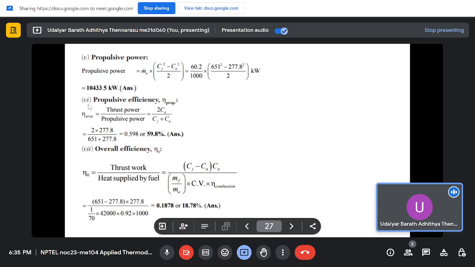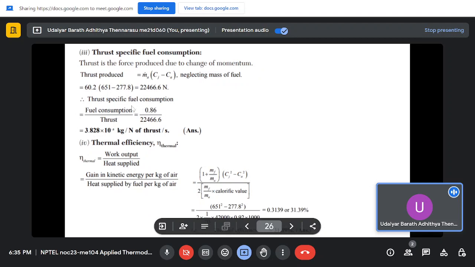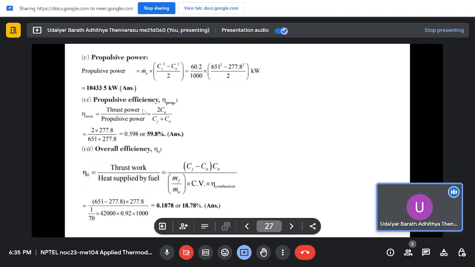We have already calculated thrust, so we just multiply with the air velocity and find the thrust power. We'll straight away substitute in terms of velocity here. We know both the velocities, so 2 into air velocity divided by jet plus air velocity. This will come out to be 59.8%. So the propulsive efficiency is 59.8%.